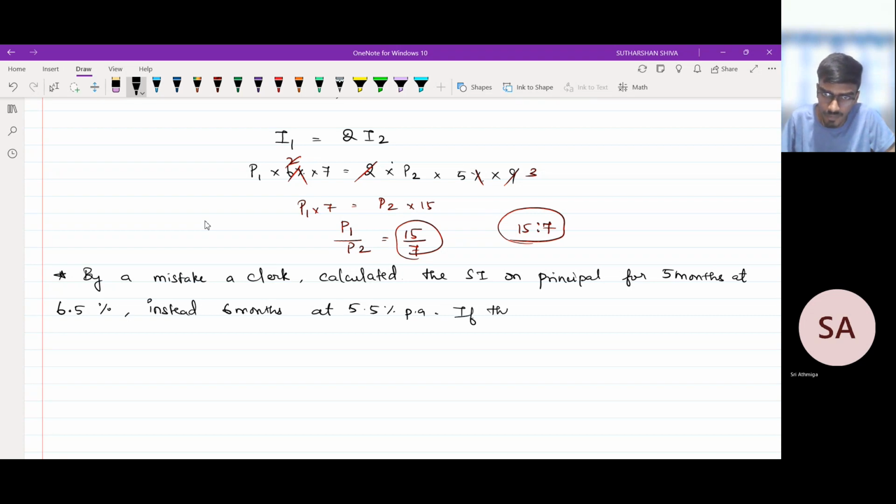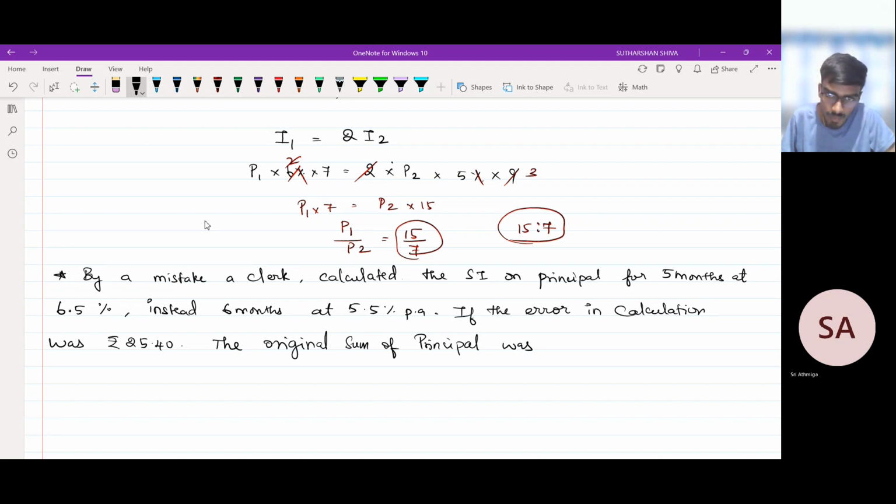If the error in the calculation was 25.40, what was the original sum of principal? They are asking that.